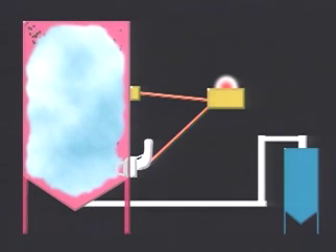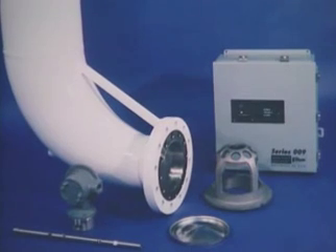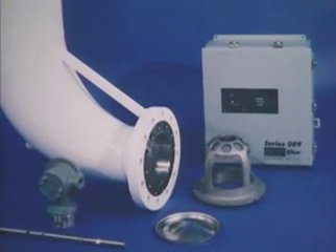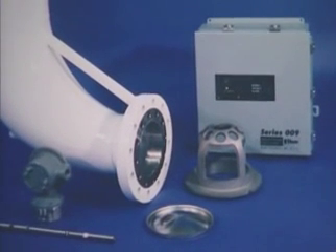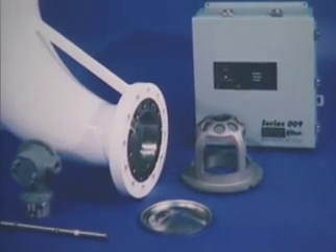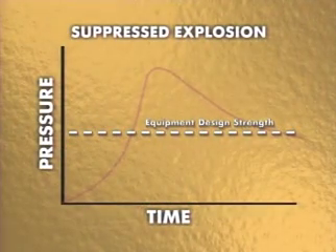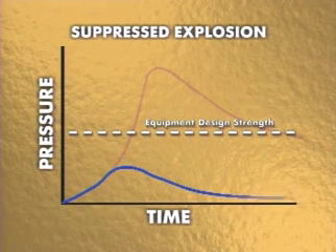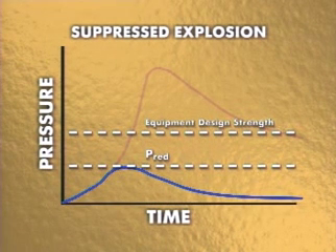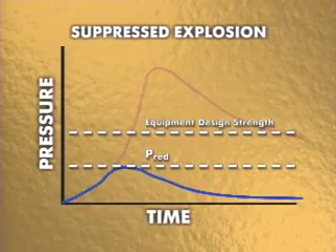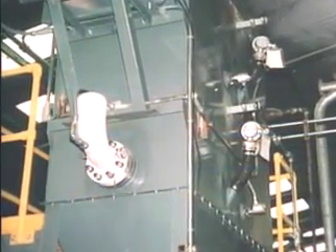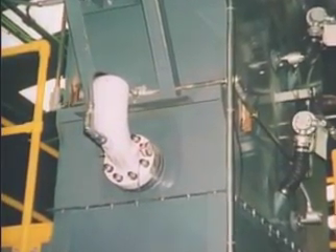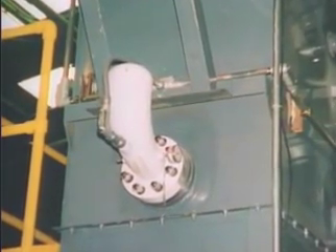Fike systems are able to do this faster than any other, due in part to our patented high-rate discharge containers and nozzles. Explosion suppression can also eliminate damage due to the heat and flame generated by an explosion, and is often the choice when the process to be protected is located indoors, and the material being processed cannot be released into the environment.